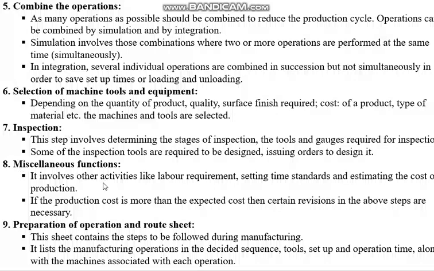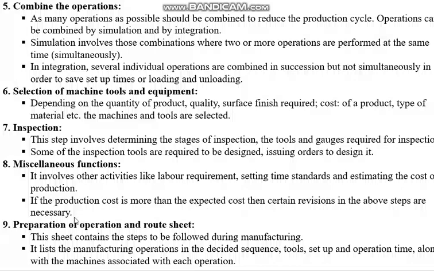Then the 8th step is the miscellaneous functions. Miscellaneous functions means other activities like labor requirements, setting up time standards, and estimating the cost of production. If the production cost is more than the expected cost, then certain revisions in the above steps are necessary. You have some expected time and expected cost, within so many rupees it should be made.